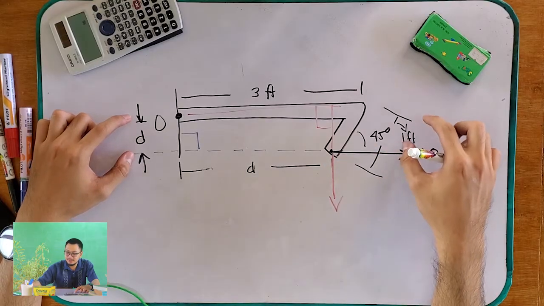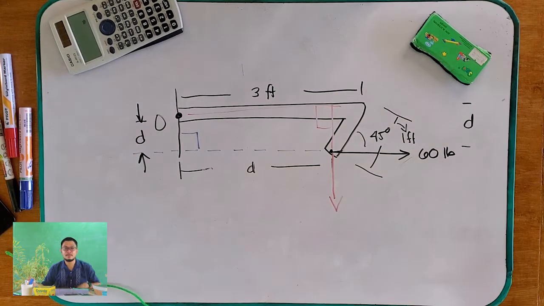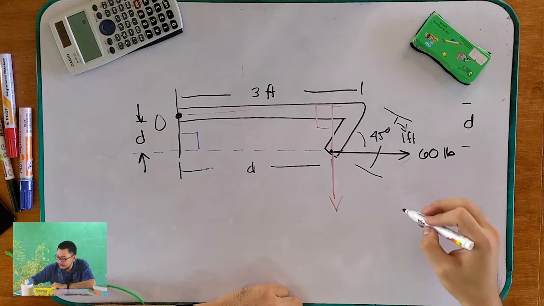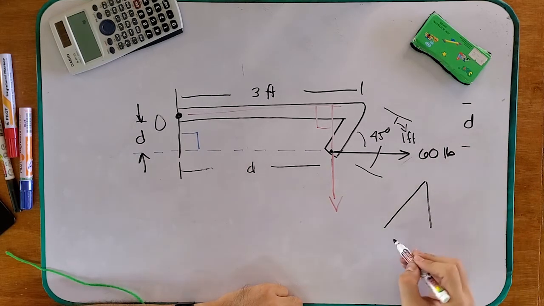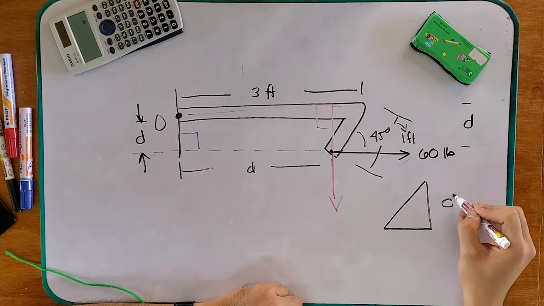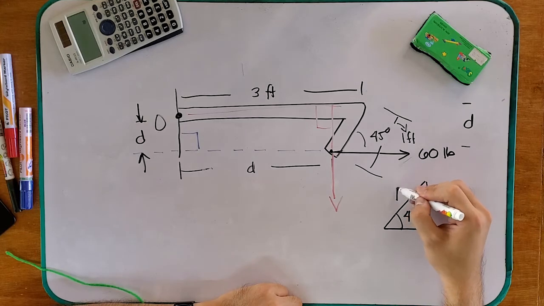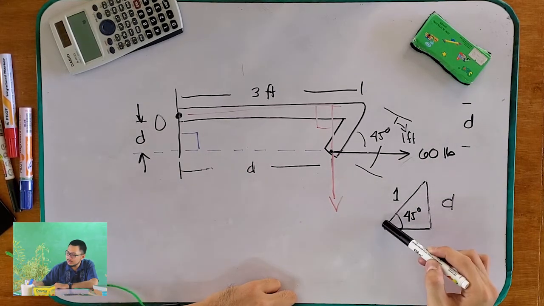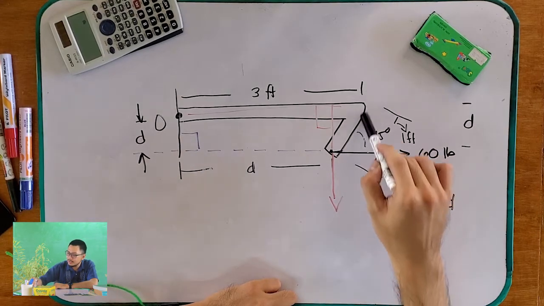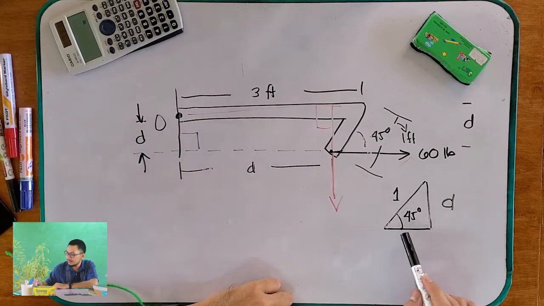The question is, how are you going to solve for this perpendicular distance? We have the given, and we know that this is your D, and we can just draw the triangle. This is your D, this is 45 degrees, and this is your 1. The 1 and the D are the same as your D here, and it doesn't matter in this computation.